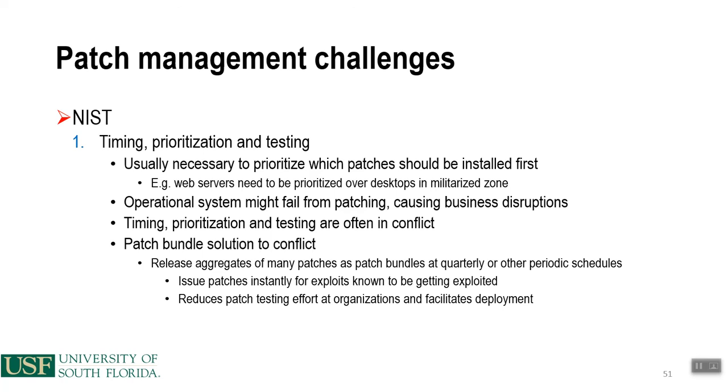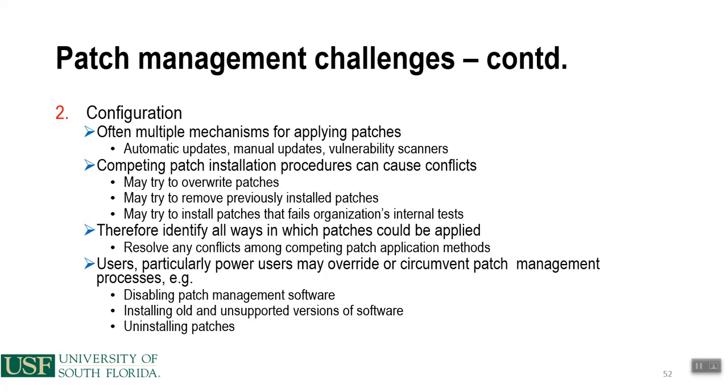If you are a hospital and you know that there's a large amount of ransomware coming into your organization or other hospitals, you want to make sure that you patch your systems so they're more robust against those types of ransomware. It reduces patch testing efforts at organizations and facilitates deployment.